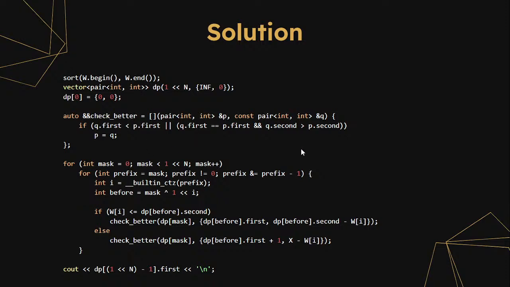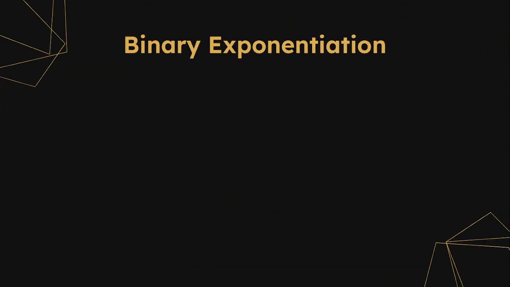And then I just simply have to iterate over all the prefixes, and for those prefixes I just have to iterate over all the values that are 1, and I can check the answer from before and update it, and finally the final answer will be the answer of the whole number, i.e. 1111111. Okay, so this will take n into 2 to the power n operations and will pass.